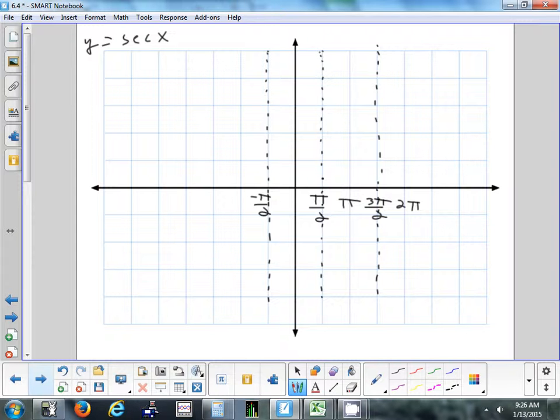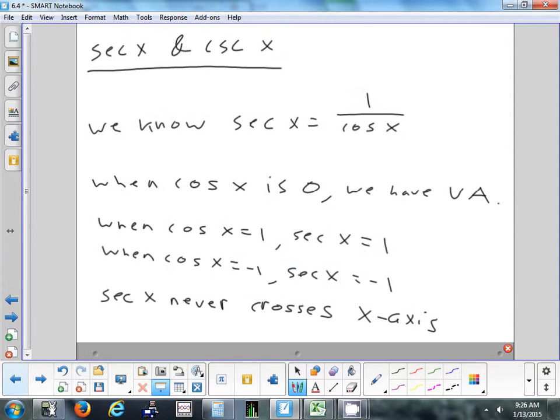Okay, so we are going to check some points to the left and the right of these asymptotes. But let's use this fact. Okay, when does the secant equal 1? Well, ask yourself, when does the cosine equal 1? Okay, so I'm picturing the graph of cosine in my head. Starts at the top. When does it equal 1? Well, when x is 0. When x is 0, cosine is at its highest.